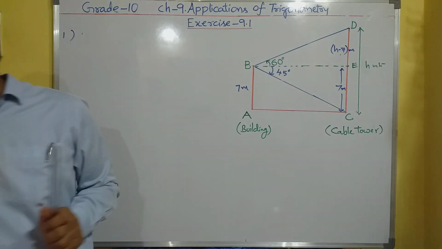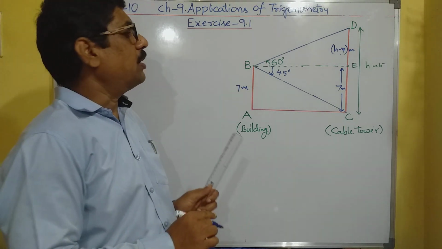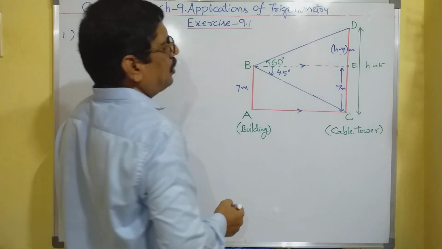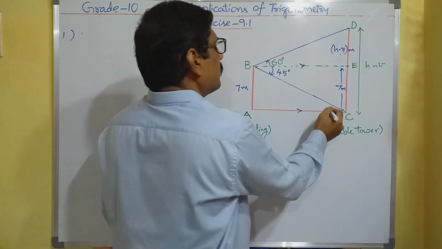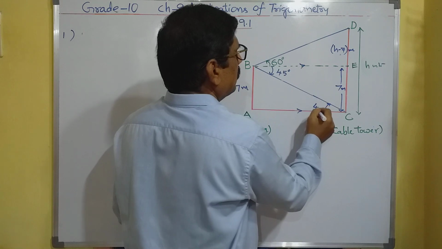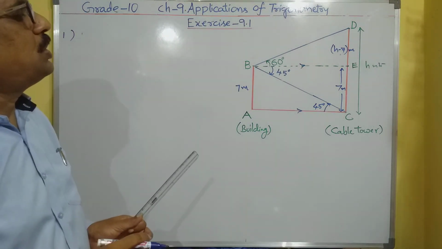Now you have to observe the alternate interior angles. These two are parallel actually. This dotted line and this red line, both are parallel. So this is 45 degrees, then this will be 45 degrees. Okay, so we have the sufficient information.